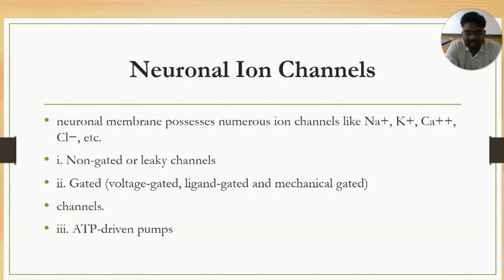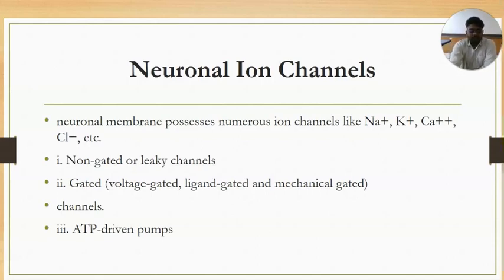Sodium, potassium, then calcium, chloride, magnesium, all these are charged ions, and each ion has dedicated ion channels. So these ions can move across the dedicated ion channel only, and when the gates are open. Some channels are called leaky channels. That means they are more leaky in nature, so they will allow the movement of potassium and sodium in a leaky manner.